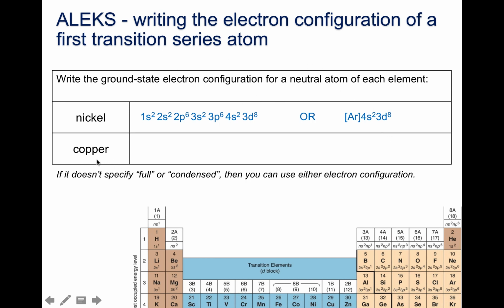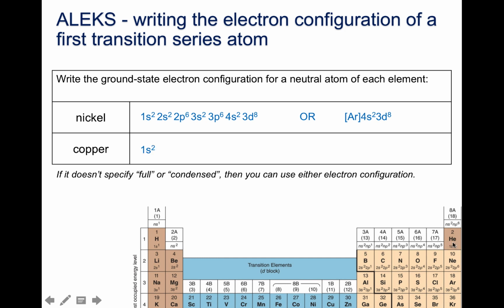Let's move on to copper. Copper, right here, that's position number 9, so that's one of the exceptions to the rule. And remember, the exception to the rule, it's in position number 9, but there are going to be 10 electrons in the D block and only 1 electron in that S block that comes right before it. So we're going to fill everything else like normal that comes before 4s.